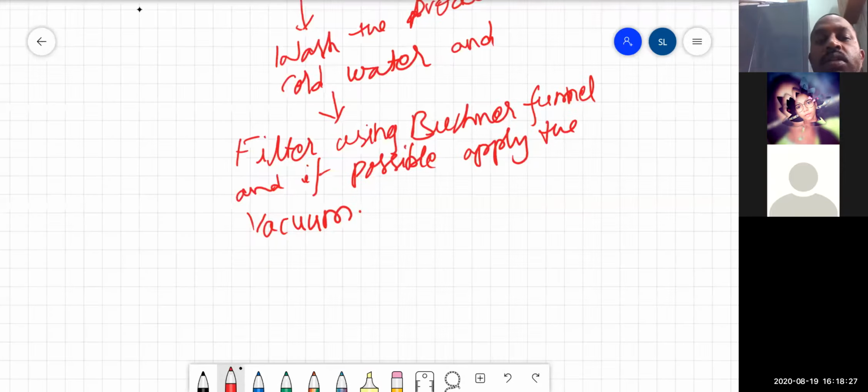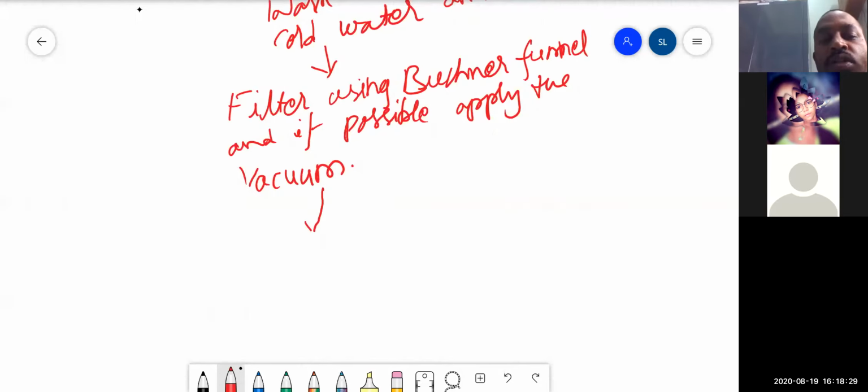Then you get this product, but still there will be moisture in it.